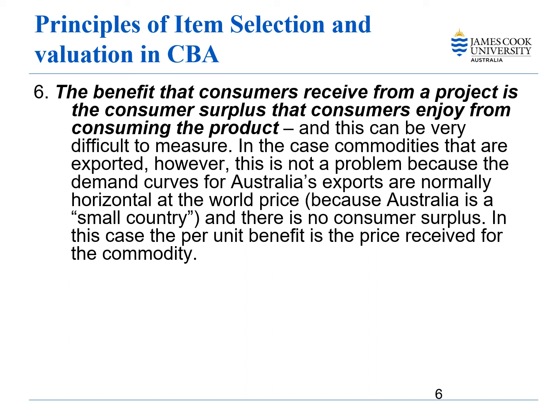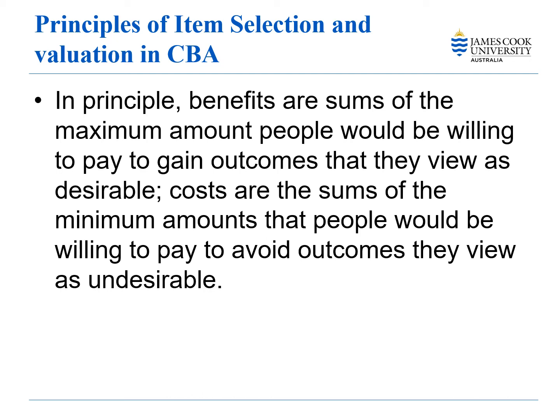Frequently, we measure this by the price of electricity times the quantity of electricity produced by this dam. And this is true if we have this condition: for example, if the electricity is exported to other countries, we can just use the price of electricity times the quantity of electricity due to this project.